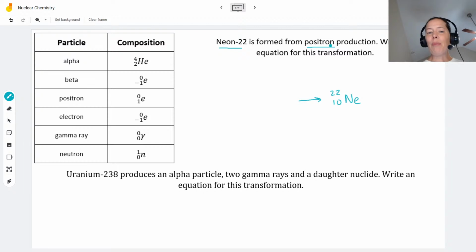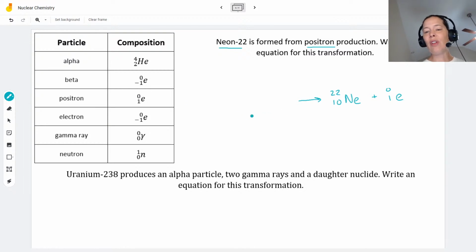Now we're dealing with positrons, which we have right here, but this is positron production. So I need to make sure that I put it on the, not the reactant, the product side. So we are producing a positron. So I'm going to go plus this. Again, I'm just pulling from positron right here.